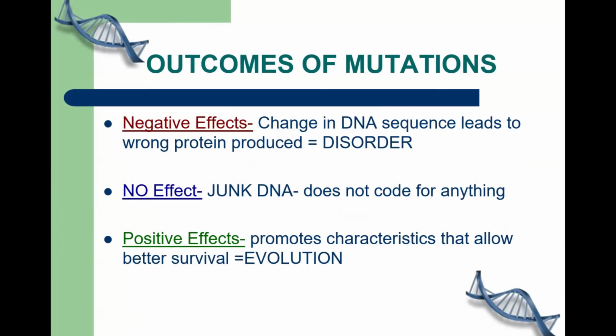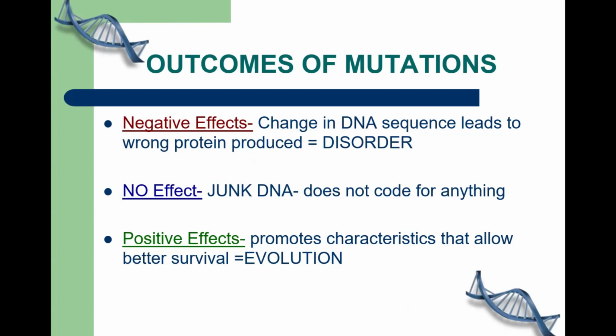From our basic knowledge, we know that DNA produces RNA and RNA produces protein. So if there is a mistake in the DNA, the RNA will have a mistake, and that mistake will occur in the protein produced by that RNA.